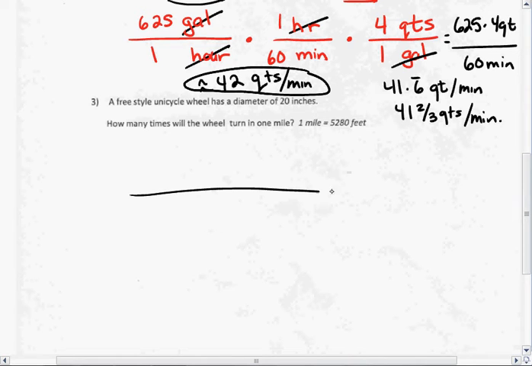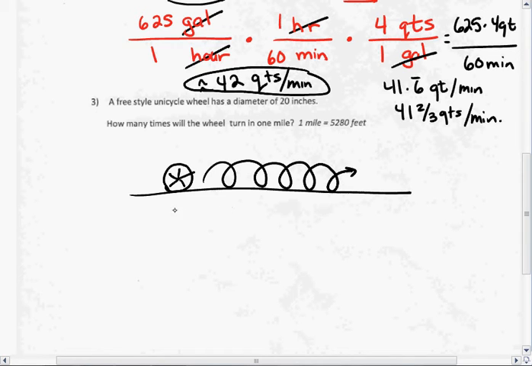So this is the problem that I've done before on previous videos, where you have a circular object, in this case a unicycle wheel, and that unicycle wheel is turning multiple times along a road, and the road is exactly 1 mile in length, and we want to know how many times that wheel is going to turn.